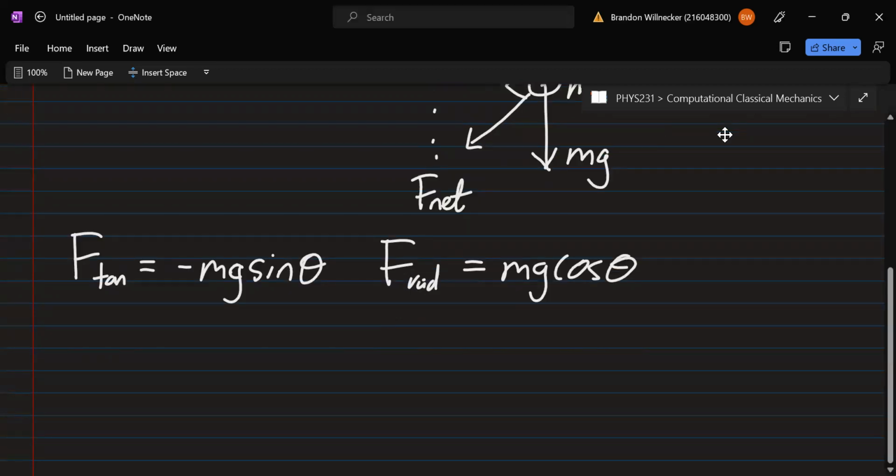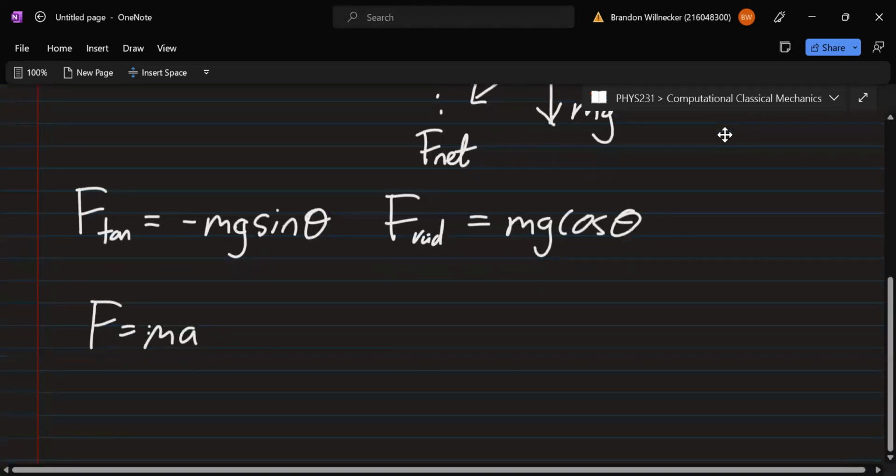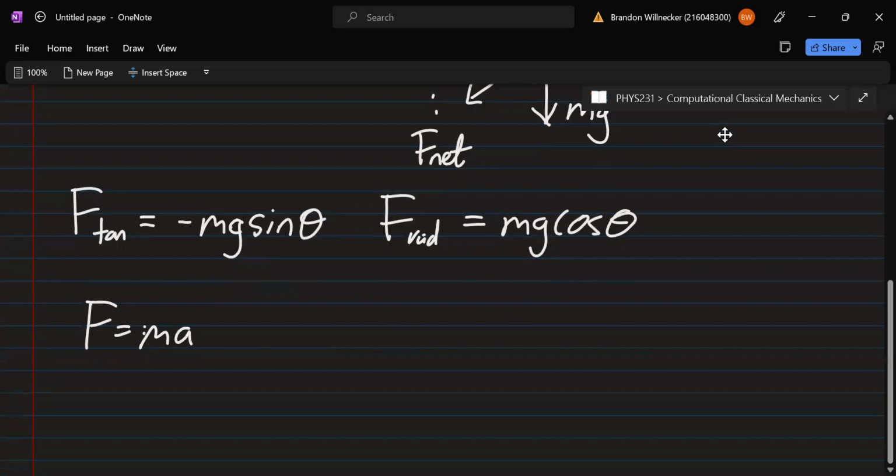Okay, so using that, we can write out the equations of motion. So F is equal to ma, of course. The acceleration will be ml theta double dot is equal to the force, but that's going to be minus mg sine theta.